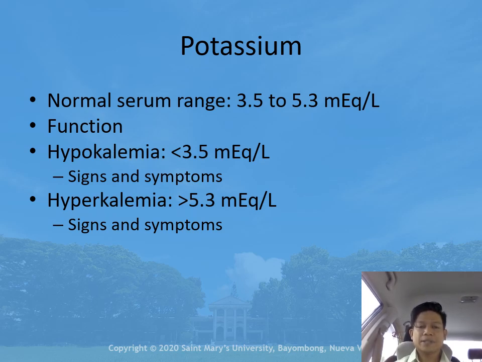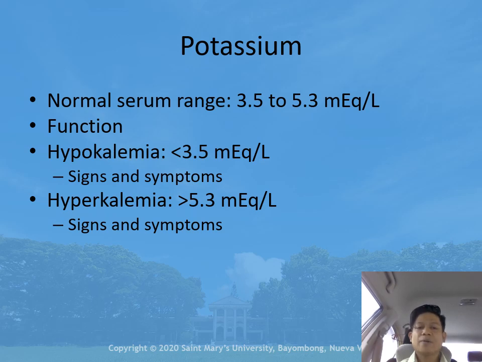Another example, a post-operative client enters the post-anesthesia care unit and blood studies are done. The client's serum potassium level is 2.9 milliequivalent. The nurse should monitor ECG readings. Why? This level of potassium puts the client at risk for cardiac dysrhythmias.